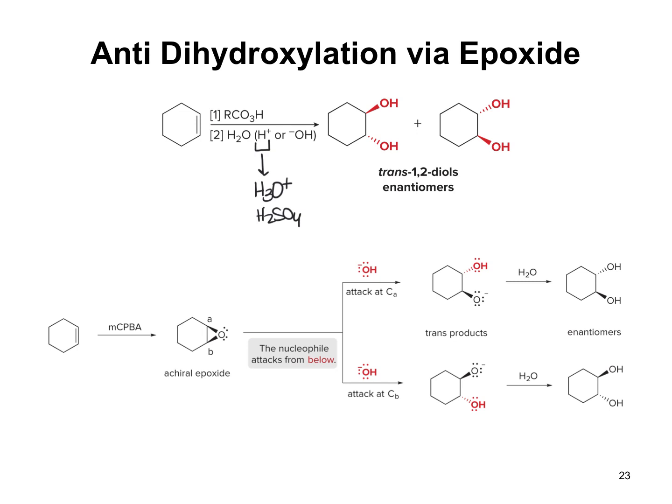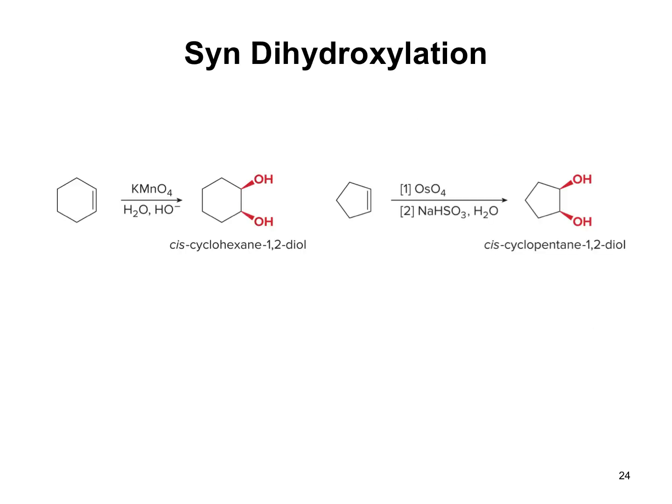So let's look now at Syn dihydroxylation. And so if we look at Syn dihydroxylation, this results when an alkene is treated with either potassium permanganate or the osmium tetraoxide here. And so we end up getting these OH groups added from the same side, right, which is that Syn. And so when we look at that, let's look at that mechanism.